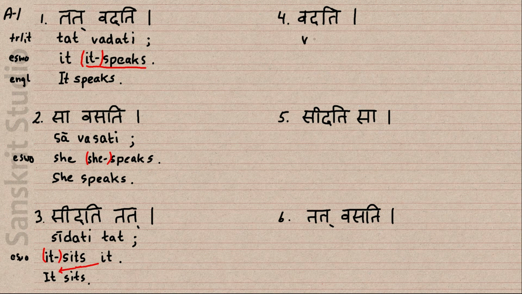And we can vadati. And the interesting thing here now is that we have a standalone verb and no pronoun. So how should we translate it? Well, we will just use our default translation. He speaks.